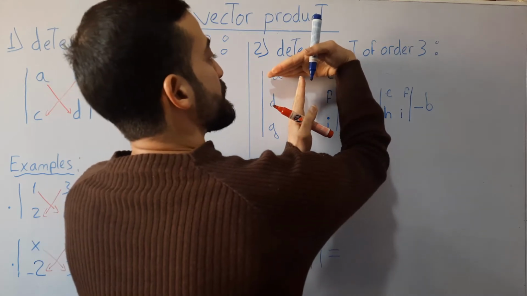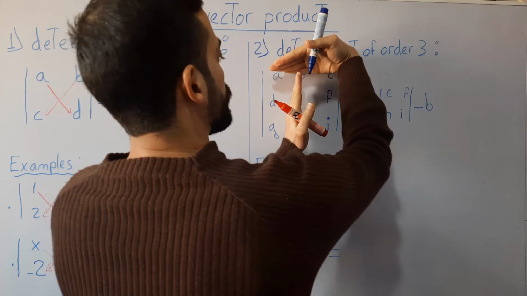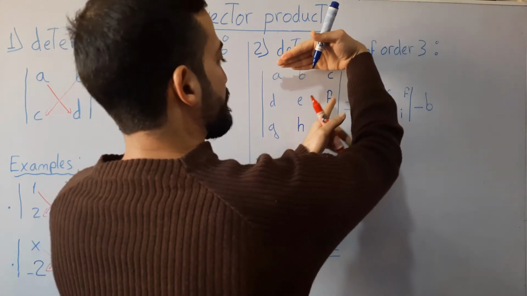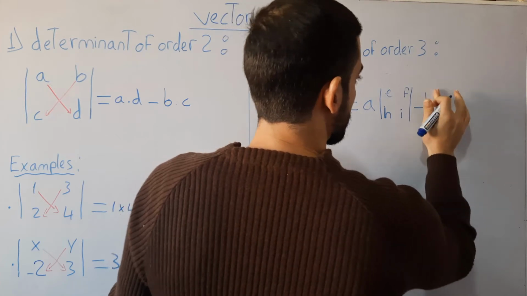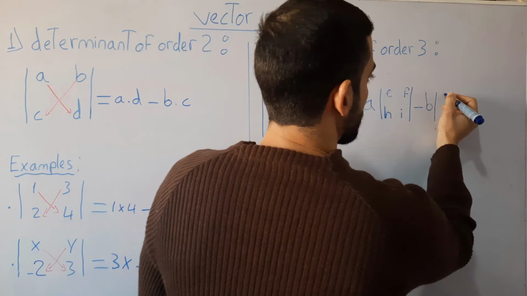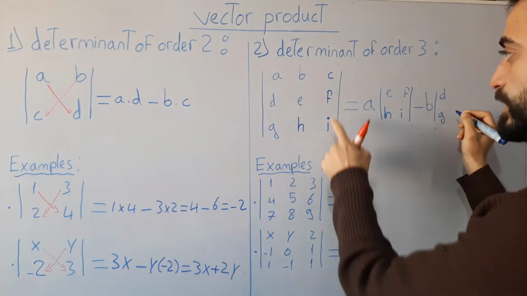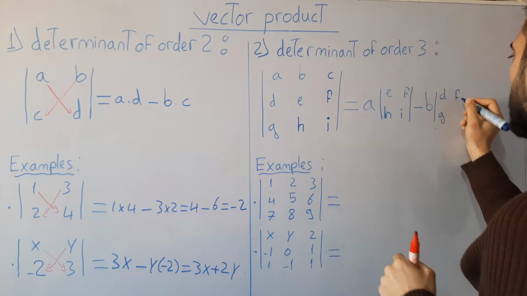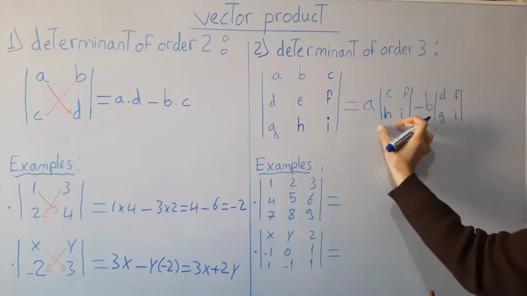What remains is determinant of order 2, D, G, F, I.